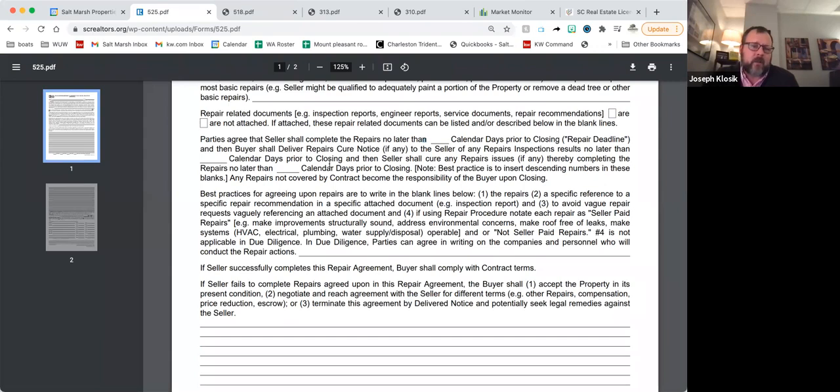This paragraph right here is a colossal disaster, in my opinion, but it is what it is, so we need to deal with it. And then they have to complete any sort of curing repairs no later than X calendar days. Honestly, 5-3-2 is safe to put there. People always ask what it should be. Just do 5-3-2, or 3-2-1 if I'm the seller, because it gives me longer to get things done.